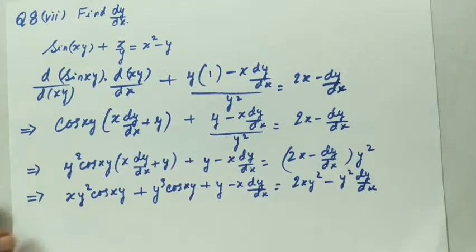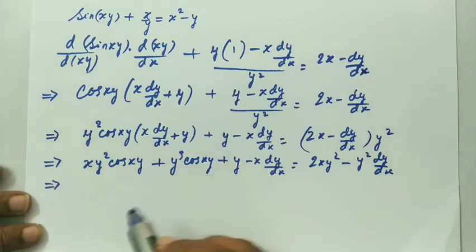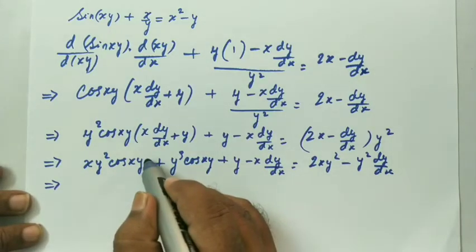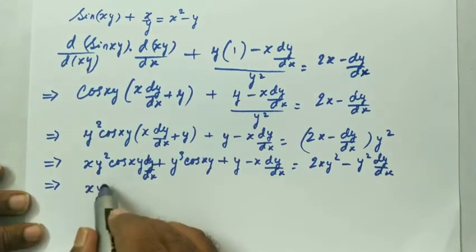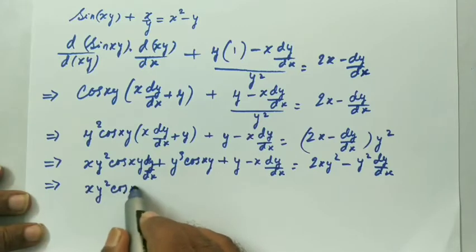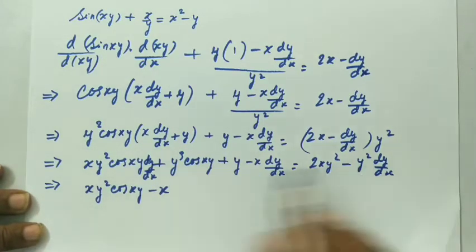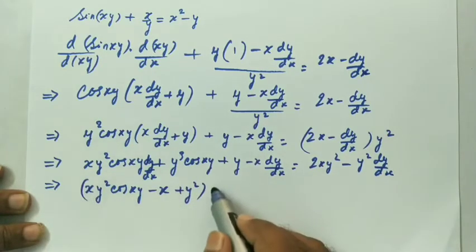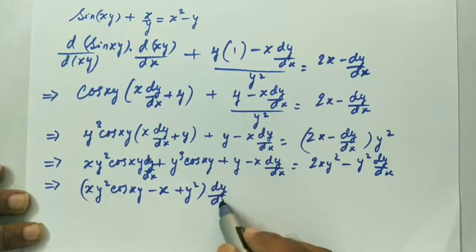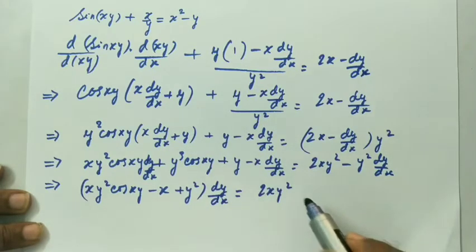All the terms containing dy by dx should be on one side. Here I have plus dy by dx. So x y square cos xy minus x, and this will come this side. The terms that do not contain dy by dx.